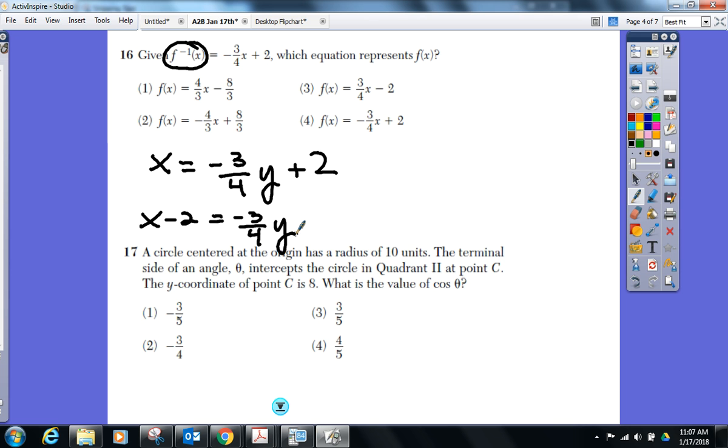What am I going to do here now? What am I going to have to do, guys, to that -4/3 there? I'm going to have to distribute, right? So go ahead and distribute. -4/3 x. Everyone's got calculators that can do -4/3 times -2. Left as a fraction.